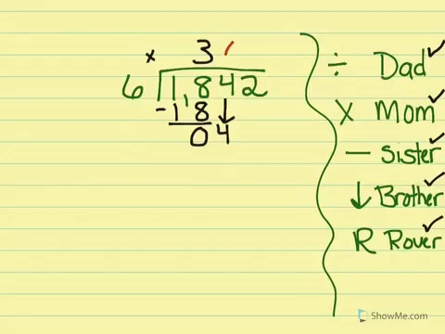This is where I put a 0 in my quotient. Now I've divided. Then I multiply. 0 times 6 is, of course, 0. I subtract. 4 minus 0 is 4. Then I bring down the 2.